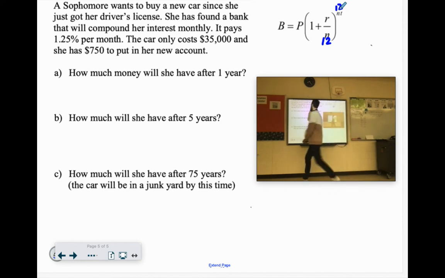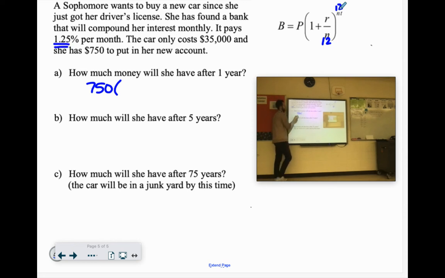Okay, she's putting in $750. Now her money is increasing 1.25% per month. So that would be 1 plus, and again, we don't have to divide it by 12 on this one because they already did that for us. That was sweet of them. So it'll just be 1 plus the 1.25%, so 1.0125.